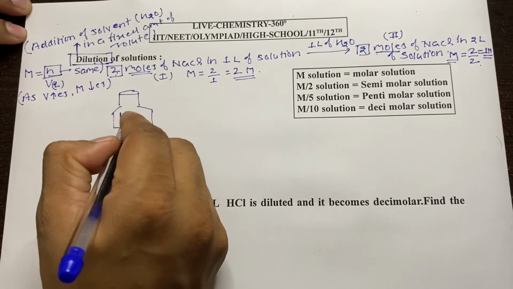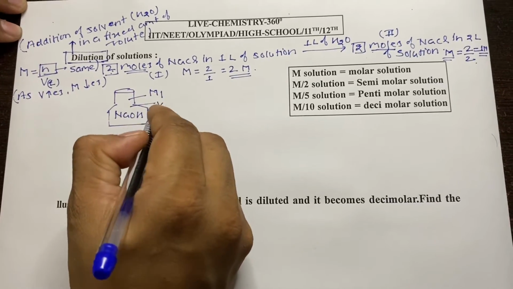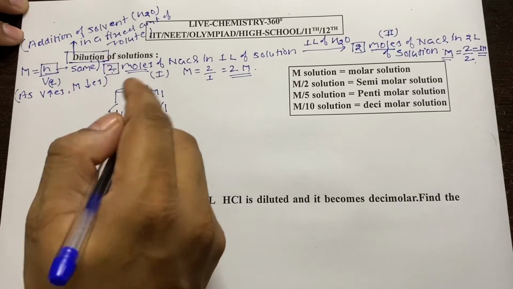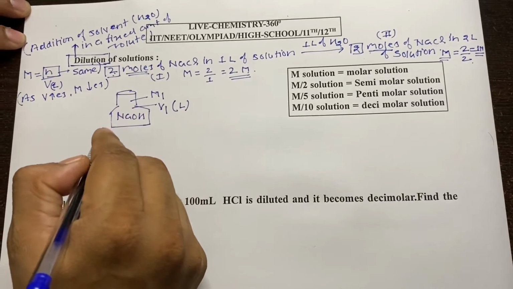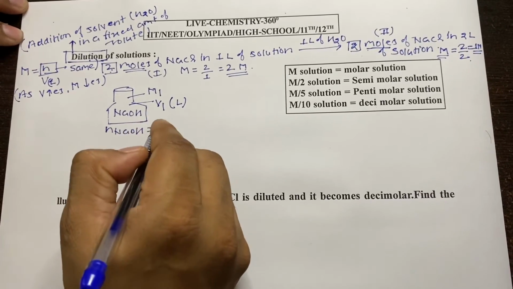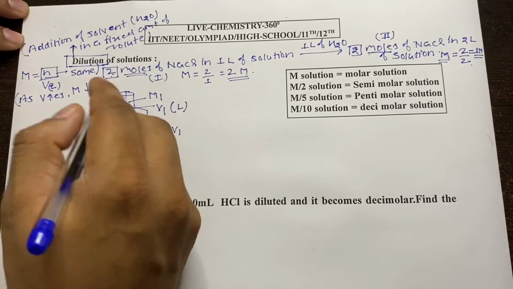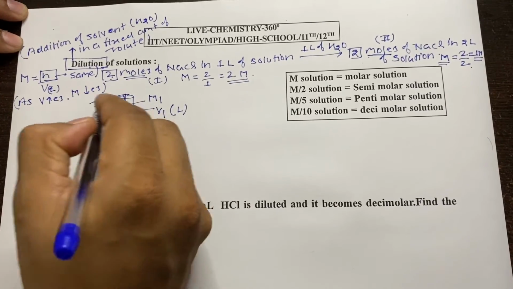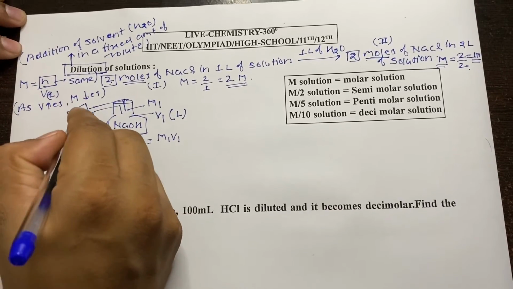Let's understand this concept of dilution further. Suppose we have taken a NaOH solution whose concentration is M1 and volume is V1. With V1 taken in liters, directly we can say that the moles of NaOH present in this solution will be M1V1. Now this solution is diluted by addition of X liters of water.